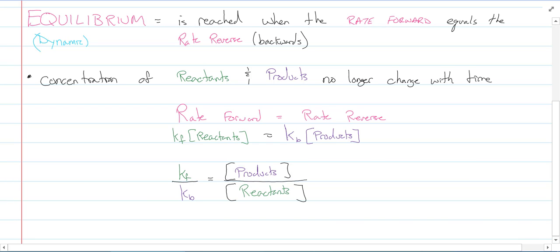And what we do is we define a new variable called capital K for equilibrium. This is our equilibrium constant.